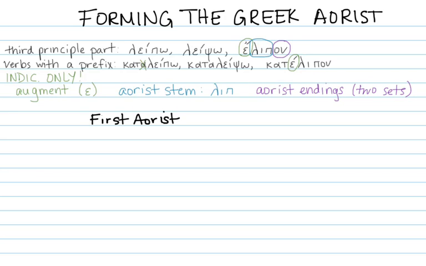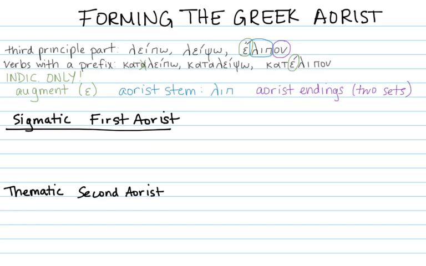The first aorist endings, all that means is we've got two and we're calling the first ones first. They're sometimes called the sigmatic aorist endings, and the other set of endings we are arbitrarily going to call the second aorist endings, and they are sometimes called the thematic aorist endings. Why are they called these things?